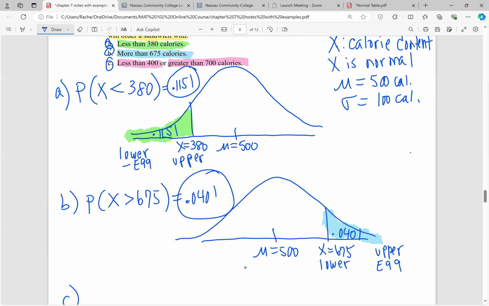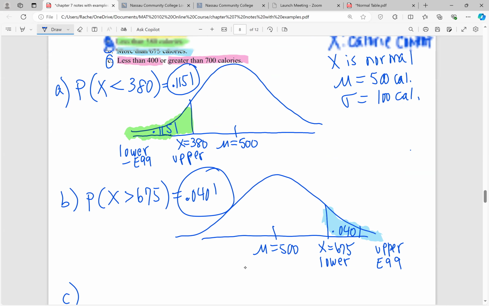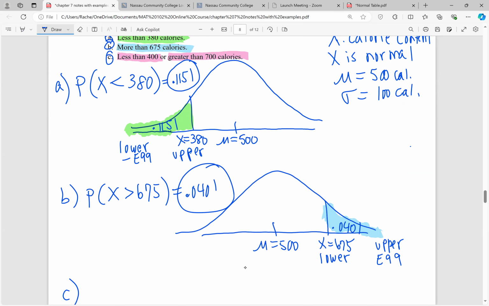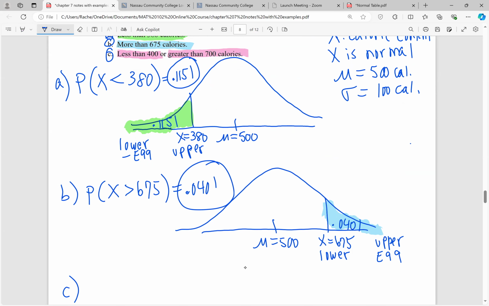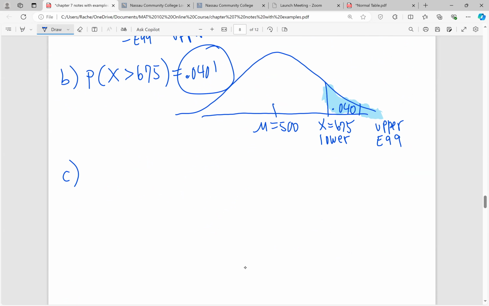So we could write it in 2 separate statements with an or in the middle. We want to find the probability that x is less than 400 or greater than 700. So what's the probability that the calorie content is less than 400 or the probability that the calorie content is greater than 700? And we would add them together.